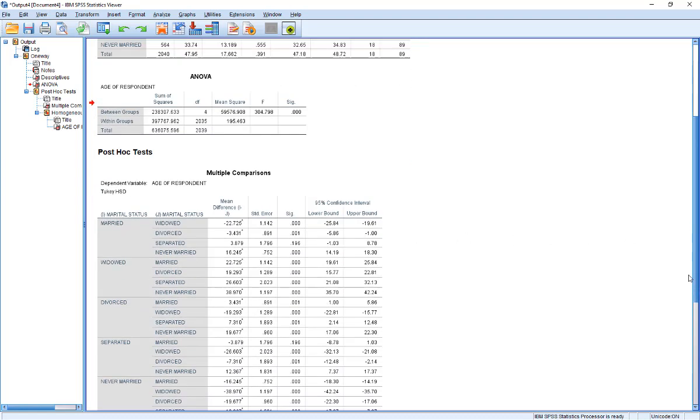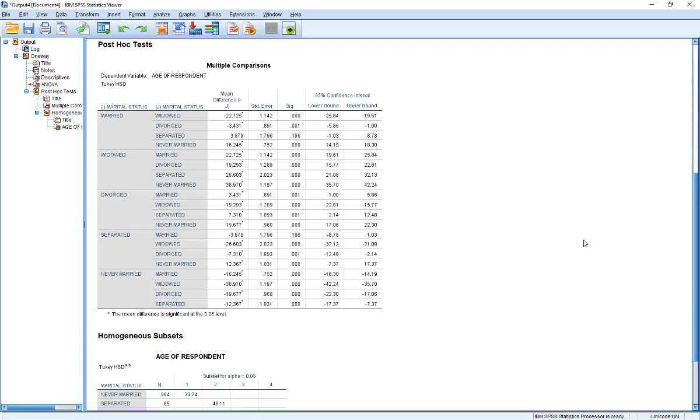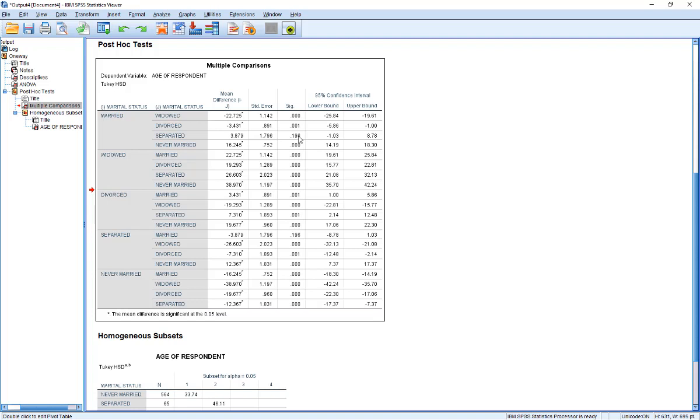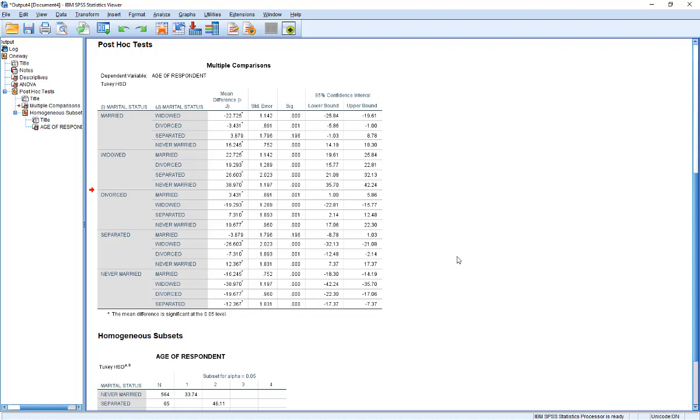And if we scroll down here, you can see that for the most part, most of them are different from one another. Now, the only exception is notice here that married and separated, it is not a statistically significant difference, but all of the others are. Again, the two-step process here between running the ANOVA and running the post-hoc test allows us to both test the general hypothesis that the groups are different from one another, and then the post-hoc tells us where the differences are.